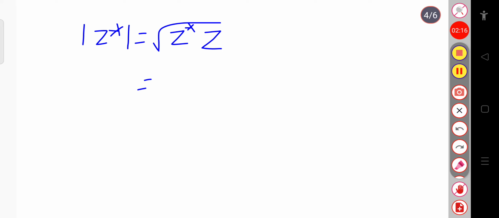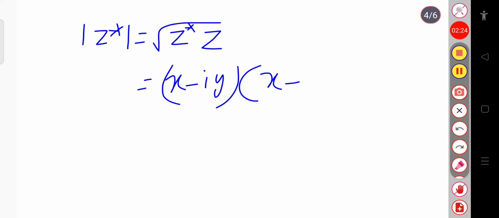Similarly, if you take the modulus of z star, then that will also be equal to the root over of z star into its complex conjugate. Here you know z star is x minus iy and its complex conjugate is x plus iy.